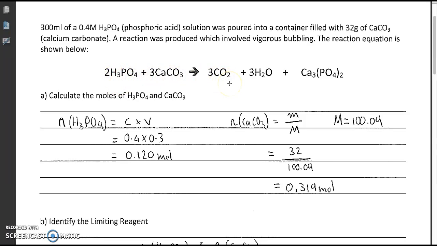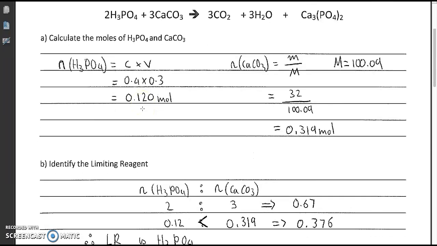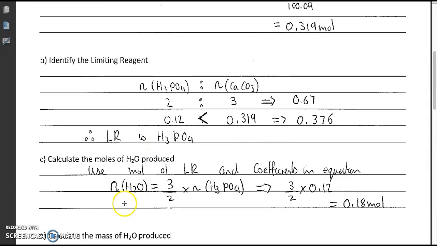So what I would do is I would go 3, the substance I'm interested in, divided by the substance that I know, the coefficient there, 2, times by the moles of the limiting reagent, phosphoric acid. So the moles of water will equal 3/2 times by the moles of phosphoric acid, which equals 0.18 moles.